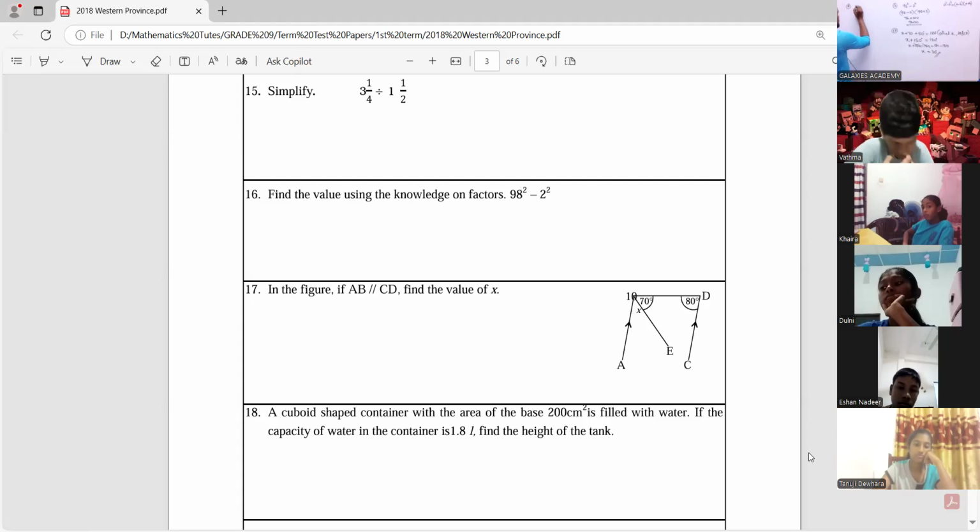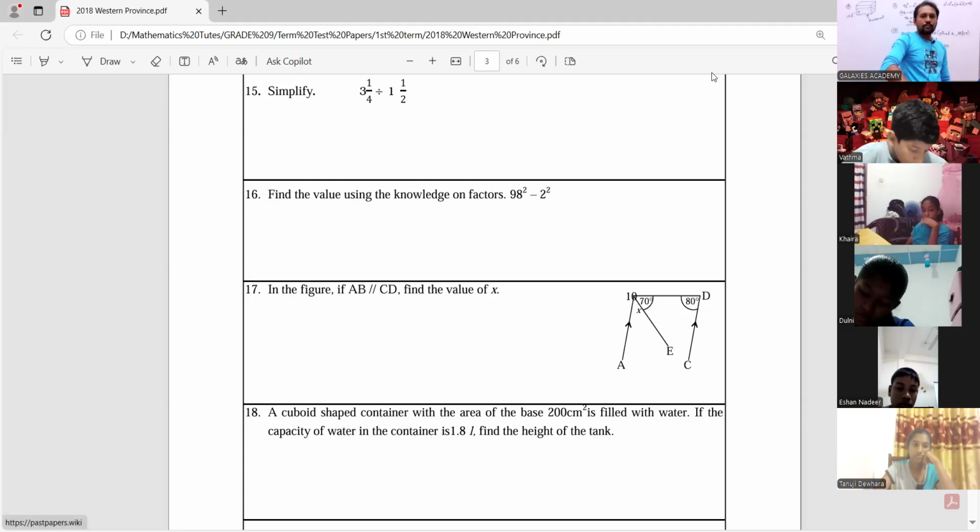Right. First, I will draw a rough sketch to explain. This one, the base area is given as 200 square centimeters and it is filled with water, not completely, that means not the capacity of this tank. Also given, the water volume is 1.8 liters.